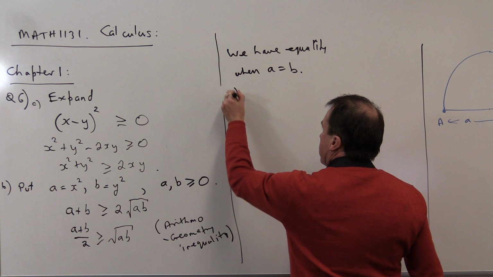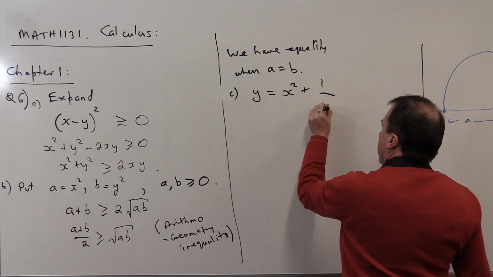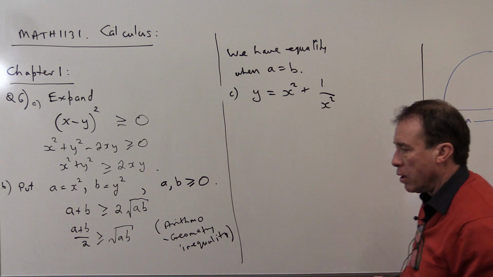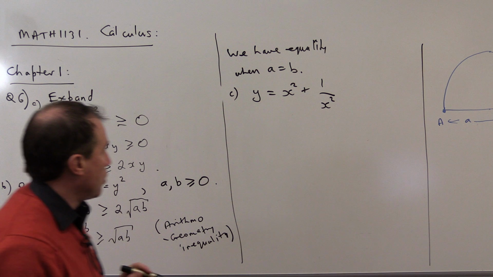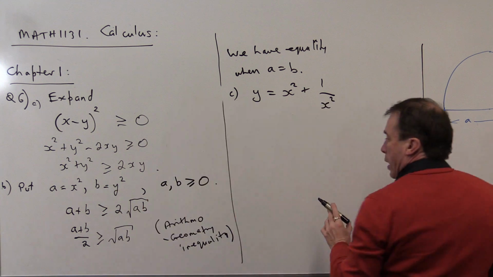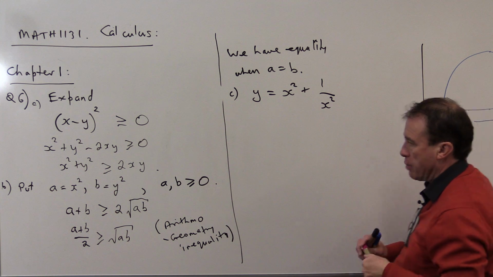Part C was simply to apply this idea to find the minimum value of this function, y equals x squared plus 1 over x squared. And all I'm going to do here is just use this arithmogeometric inequality.